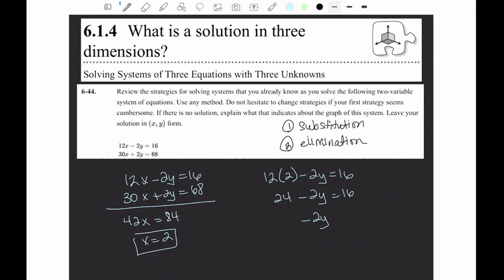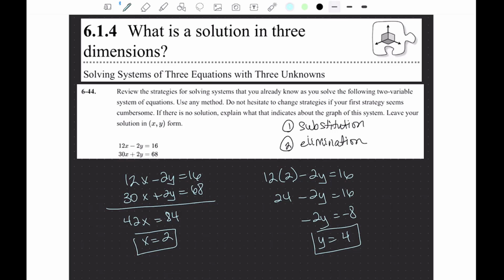So negative 2y is going to equal, what you got? Negative 8, right? Divide by negative 2 and y is going to equal 4.